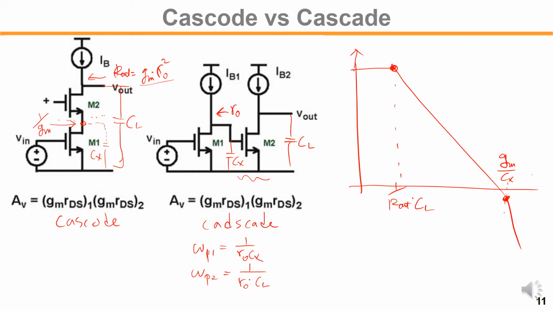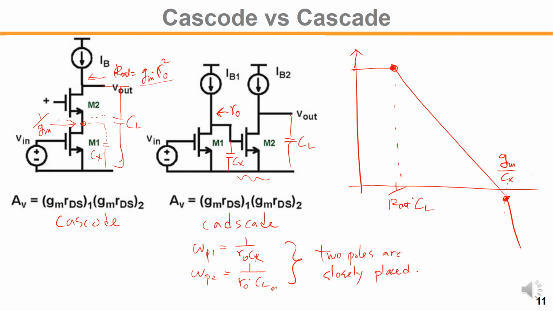So if you assume that you have a similar RO from both transistors and similar CX, or you may have a CL a little larger, those two poles are closely placed, right?